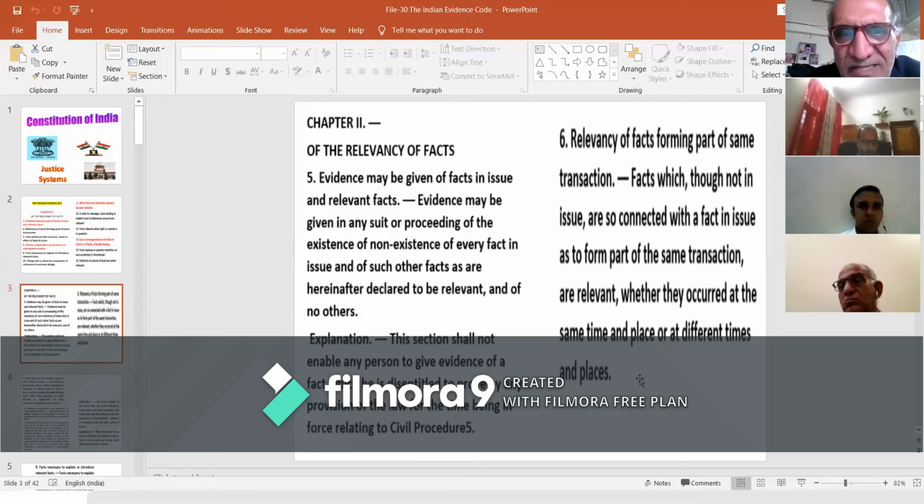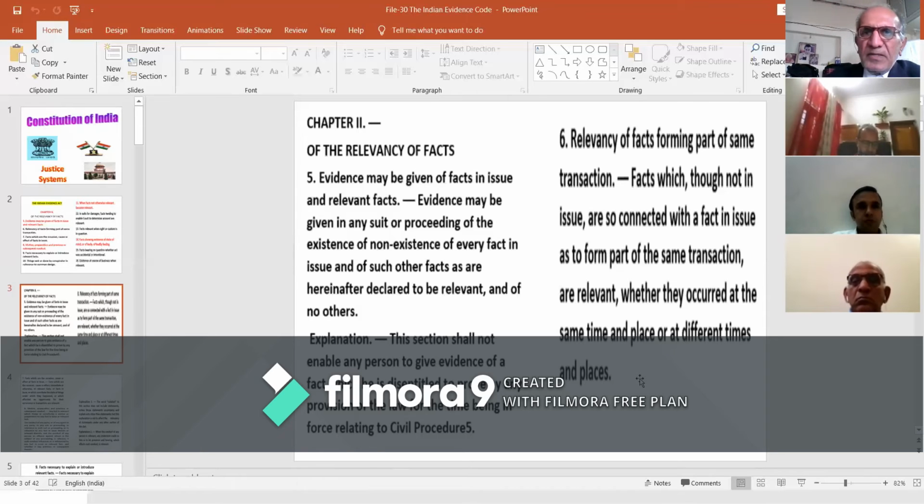Section 6, as such, is a permissible zone within Section 5. And Section 6 provides that facts which form part of the same transaction are so connected, that means the connection between fact A in issue and fact B which is not in issue, is of such a specific nature that A and B form the same transaction, then B will become relevant. And once it is relevant, under Section 5, evidence can be led with respect to fact B.